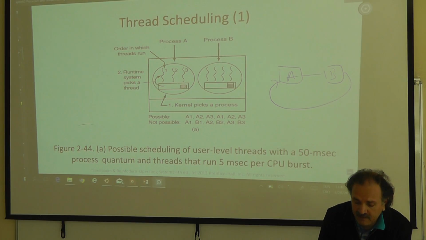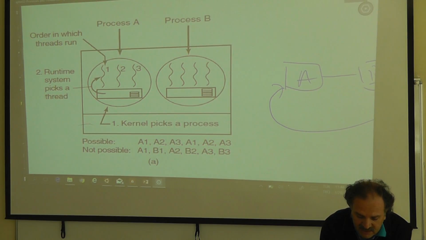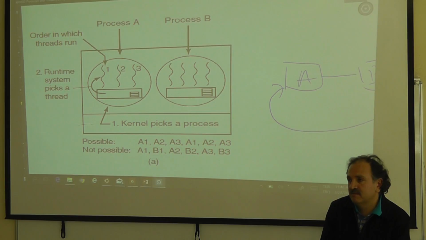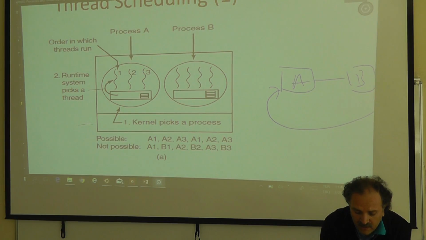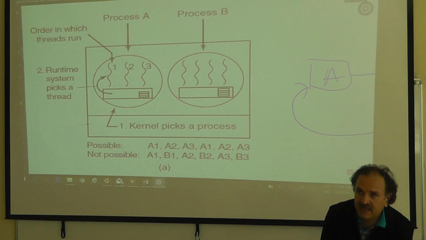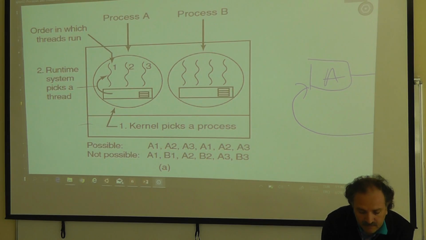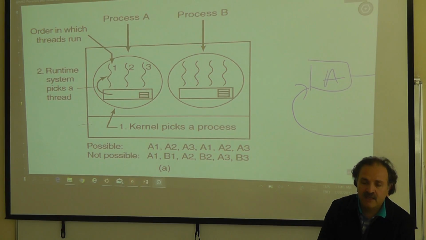But within process A there are 3 threads, and within process B there are 4 threads. If the operating system says that it is time for process A to use the CPU, process A will schedule its own threads in its own quantum time. So it will say A1 will run, A2 will run, and A3 will run, then A1, then A2, then A3. It will go this way.